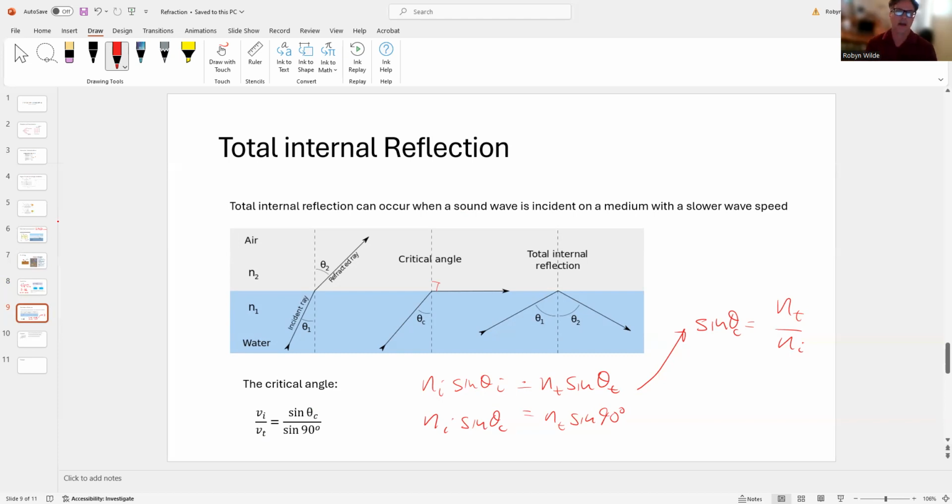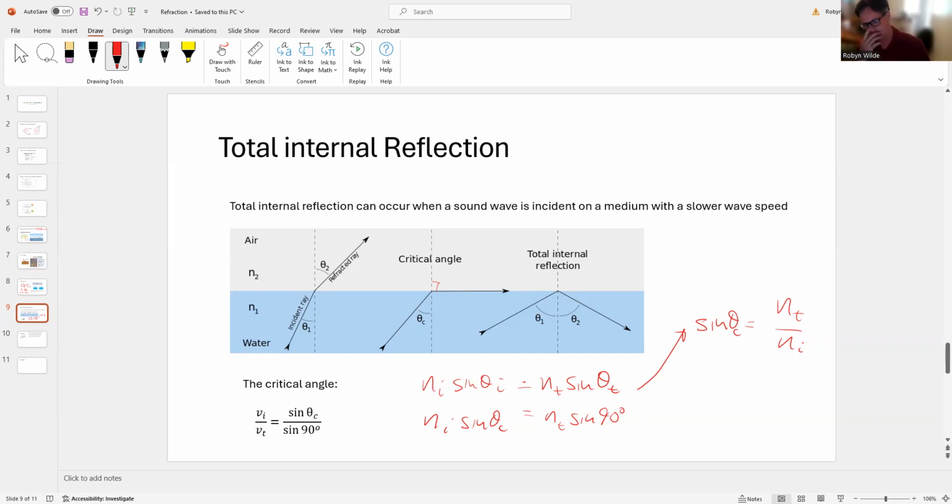Now notice this only happens if I'm going from an index N1 which is bigger than N2, from a slower medium to a faster one. It doesn't happen the other way because you'll never get a 90-degree transmitted angle; it's bending the opposite way. You go toward 0, not 90, if you're going from fast to slow.